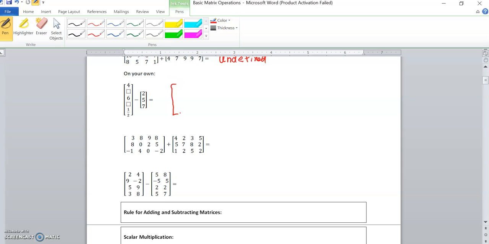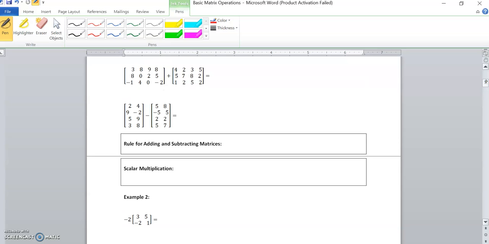Subtraction is the same thing: same element minus same element. So 4 minus 2, 6 minus 5, and a half minus 7. Same thing, you're just going to take 3 plus 4, 8 plus 2, 9 plus 3, and so on. Just in the interest of time, I'm going to skip those for now. I think this should make enough sense.